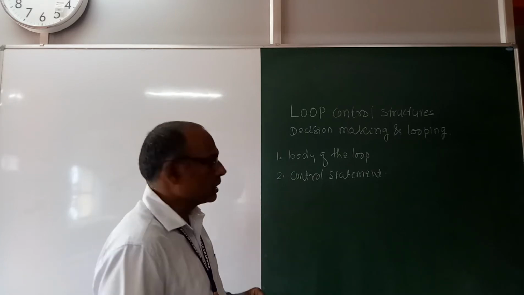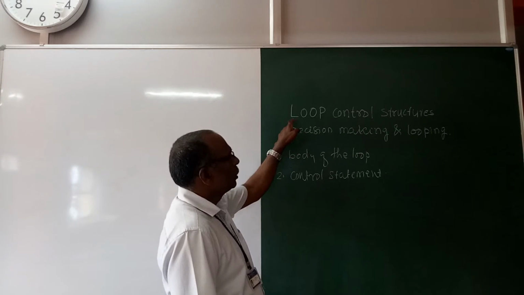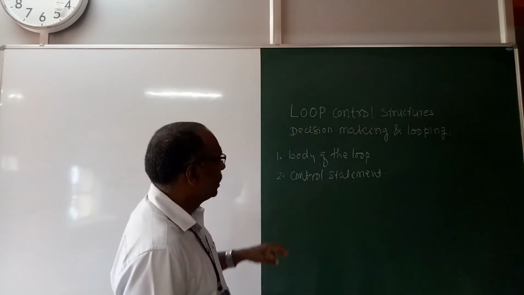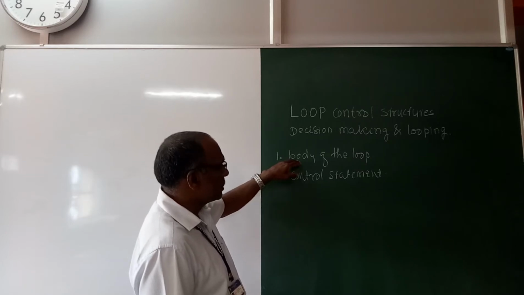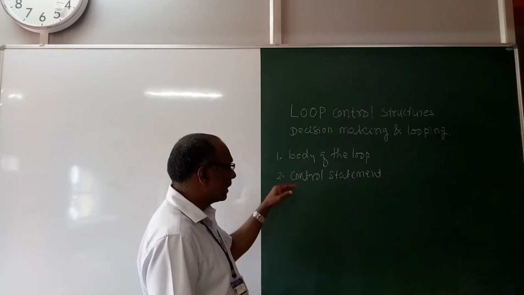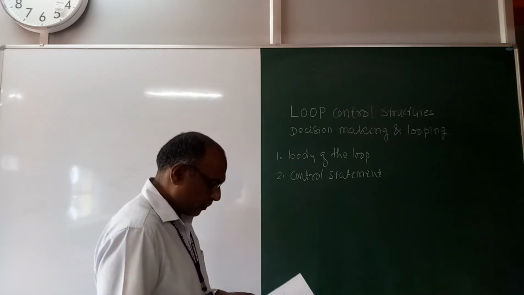Already we have discussed the conditional control structure. We are discussing the loop control structure. A loop consists of two parts: the first part is the body of the loop and the second part is the control statement.